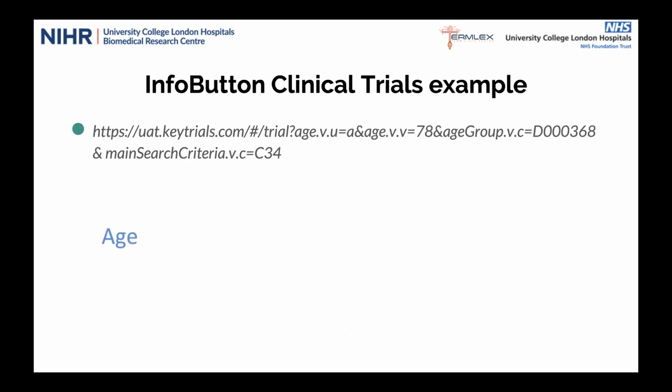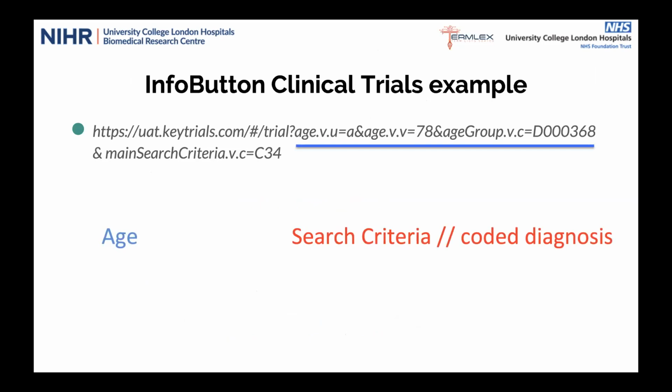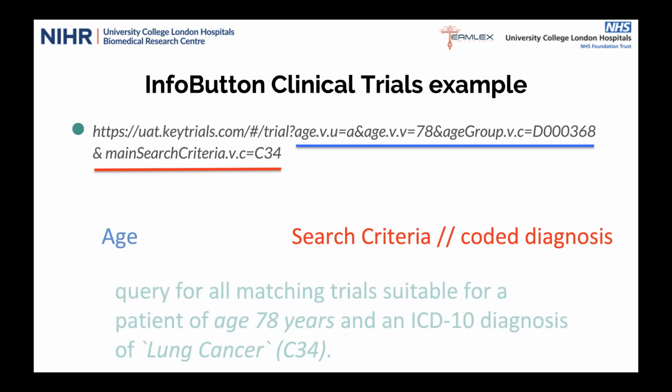That one has two criteria: age, which is that bit, and the search criteria, the coded diagnosis, which is that bit. That translates into, give me all trials that have a patient with the age of 78 and an ICD diagnosis of lung cancer, kind of what Wai Keong was showing you.